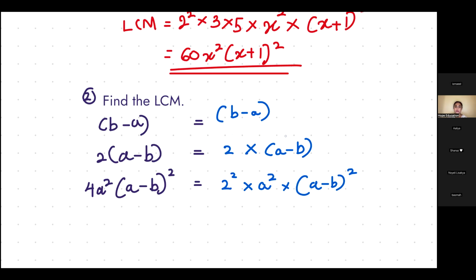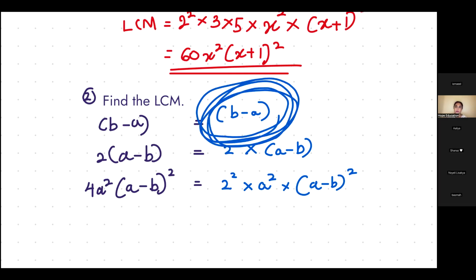Since it has a power of 2, you can change the sign, and it can become a minus b. But here there is no power. Then what do we do? The power idea is actually correct, and we will be using that in the future also. But here, what can we do?